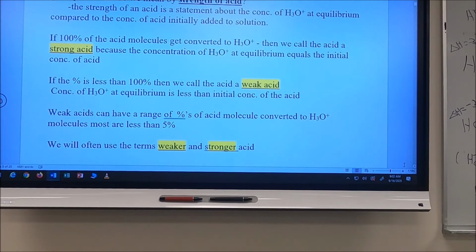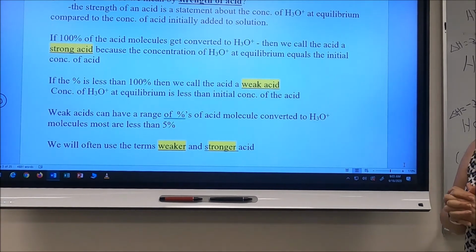Weak acids have varying strengths. Now, what do we mean by a strength of an acid? The strength of an acid is a statement about the concentration of hydronium ions at equilibrium compared to the concentration of the acid initially. For a strong acid, the concentration of hydronium ions at equilibrium, or at completion, is equal to the concentration of the strong acid you began with.